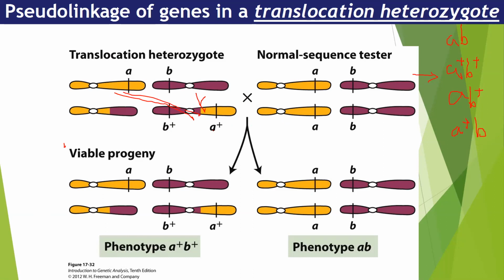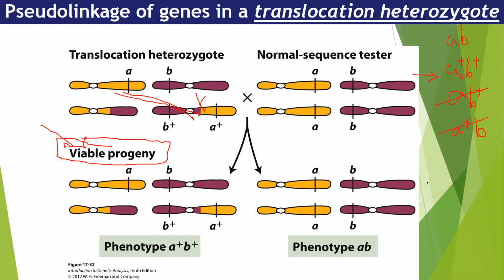So it can generate the four types of gametes here. However, because of the unbalanced situation, if you do this test cross, you can only observe the viable progeny, which means this one is impossible to survive.